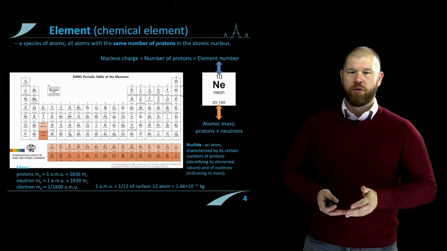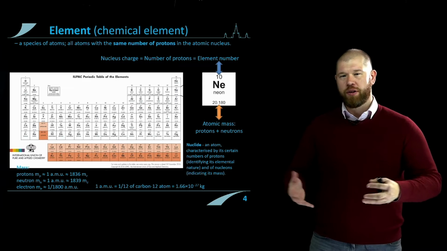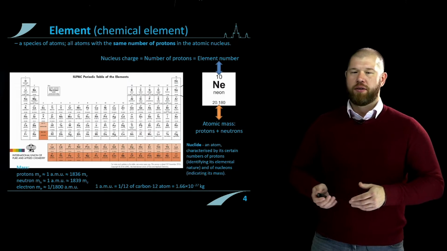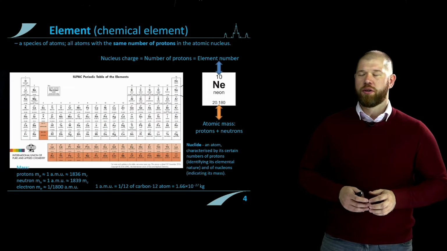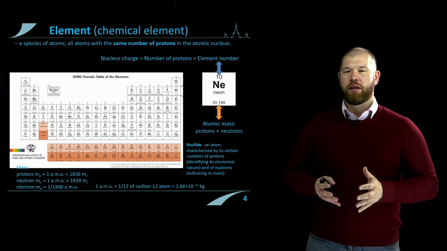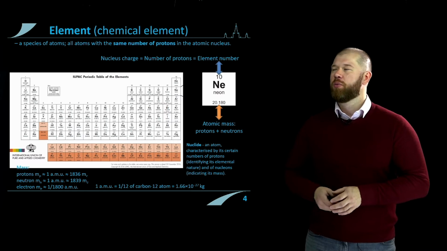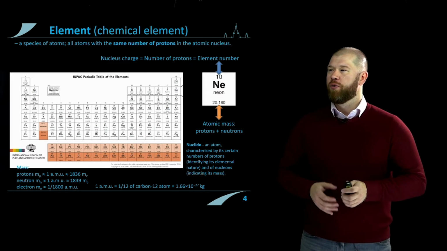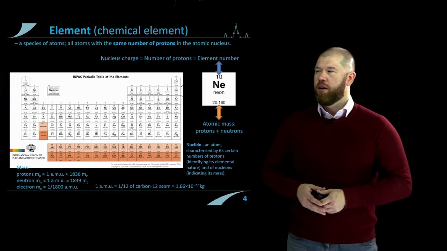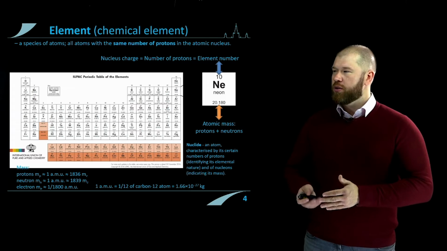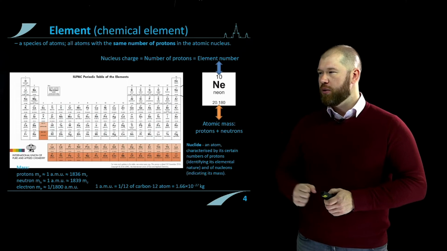The number of protons defines the position of the element in the periodic table of elements. As the mass of proton and mass of neutron is almost the same, we can say that the whole mass of the element or certain isotope of element consists of the number of protons plus the number of neutrons. Again, the number of protons tells us where the element is located inside the periodic table.